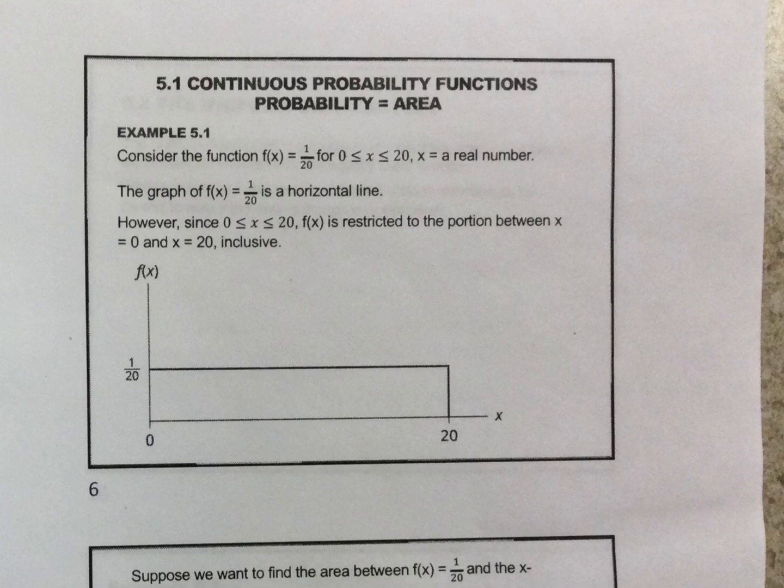Consider the graph f of x equals 1 over 20. Now remember that this simply is y equals 1/20, right? 1 over 20, for any x between 0 and 20, x equals a real number. The graph of y equals 1 over 20 is a horizontal line, and we see that right here.